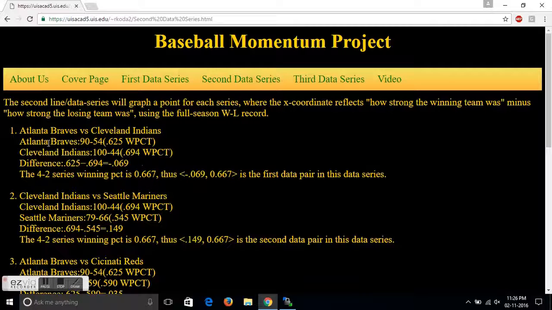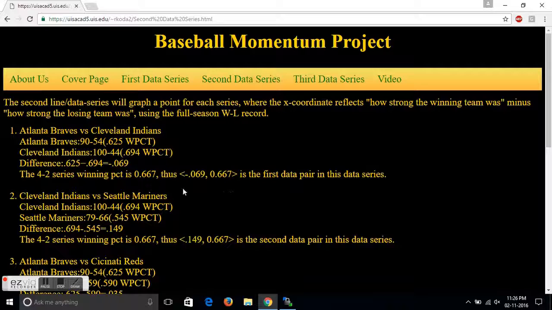That is, for the match played between Atlanta Braves and Cleveland Indians, we are going to differentiate the winning PCT of Atlanta Braves for the overall season and the Cleveland Indians winning PCT for the overall season. This would be our x coordinate, and the y coordinate would be the overall series winning PCT, that is 0.667.